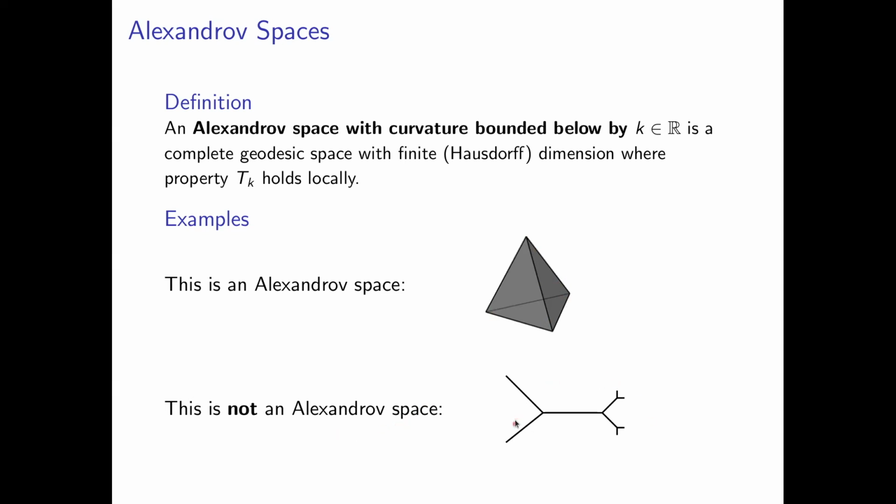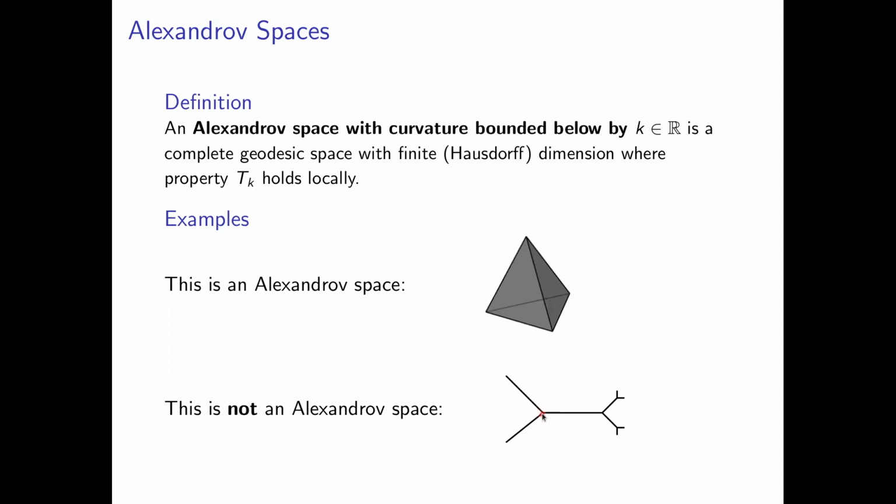Now this is a non-example. This is a graph, a tree. The problem here is: what does a triangle look like? It's going to look like a T, right? And if you want to find a comparison triangle, you need to let K go to -infinity.